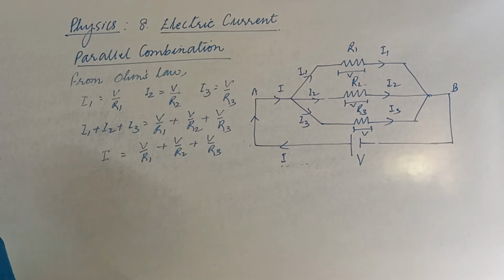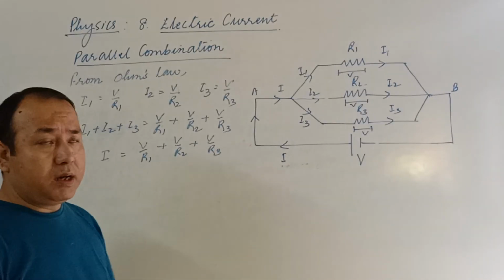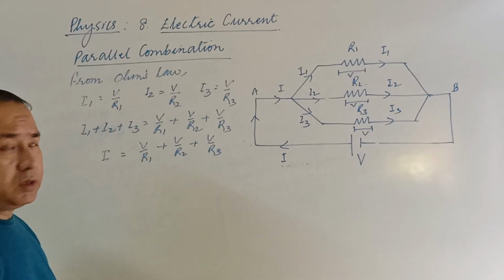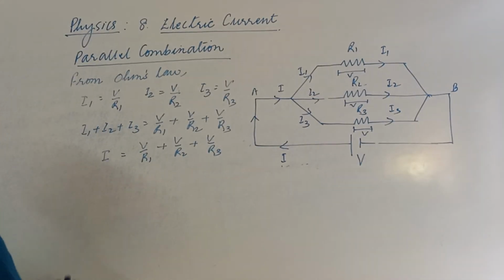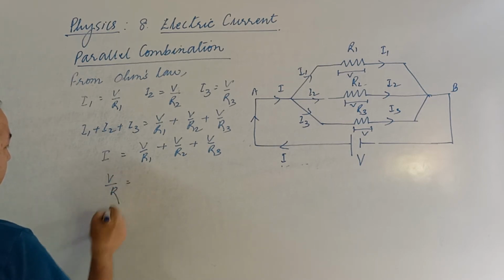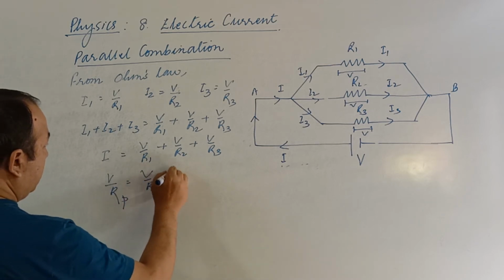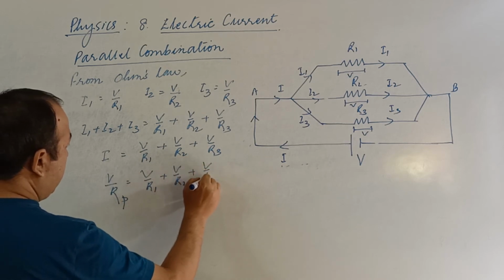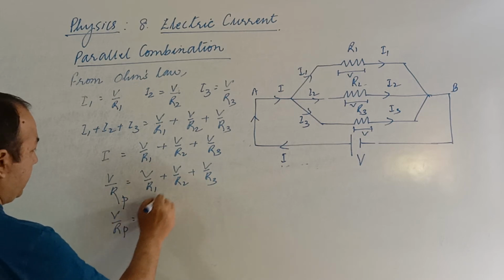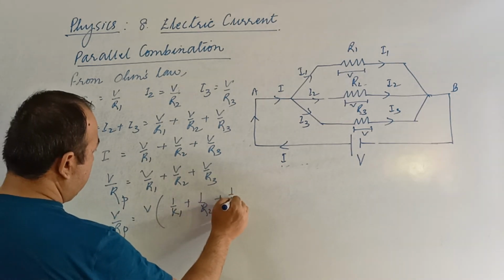Again, if the equivalent resistance, that is the total resistance of this circuit in parallel combination, is Rp, and the total potential difference applied across this circuit is V, then from Ohm's law I can write I is equal to V upon Rp. Then V upon Rp is equal to V times 1 upon R1 plus 1 upon R2 plus 1 upon R3.